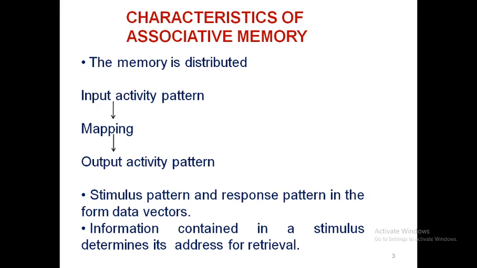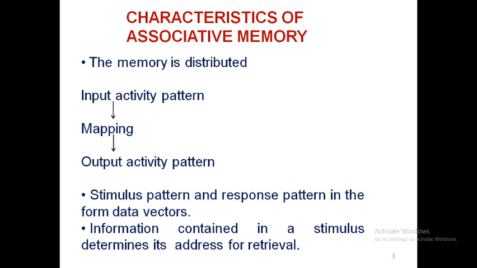And what are the associations? Yes, I have seen him in a particular class, so he is from that particular branch. Like that, the teacher is able to recollect or retrieve the information.